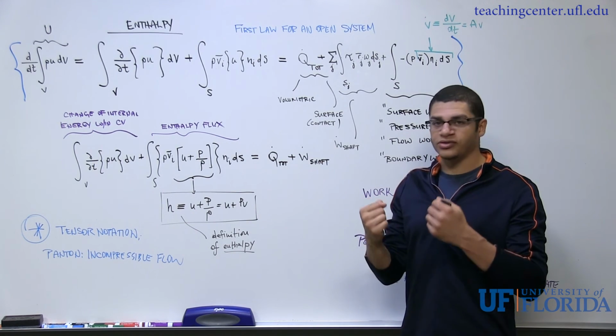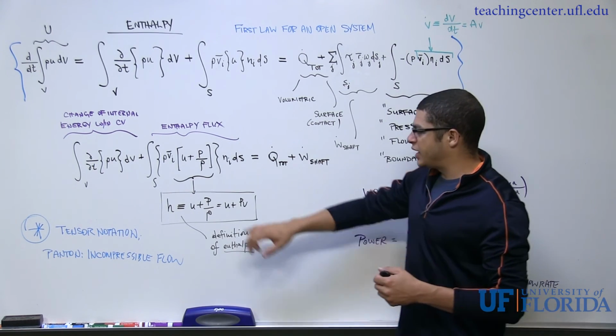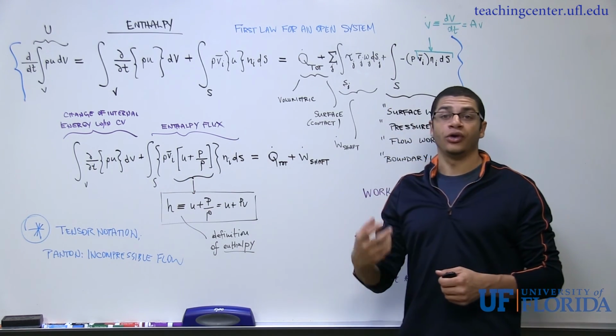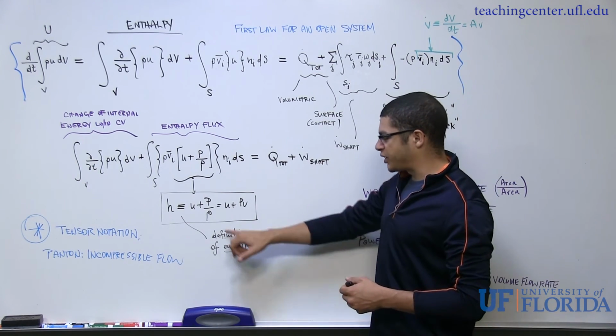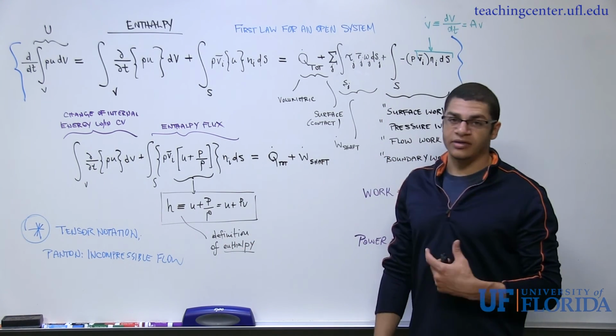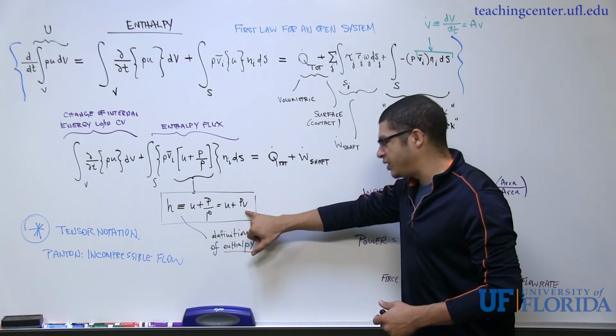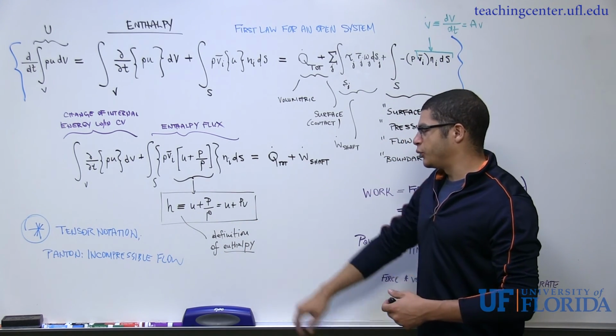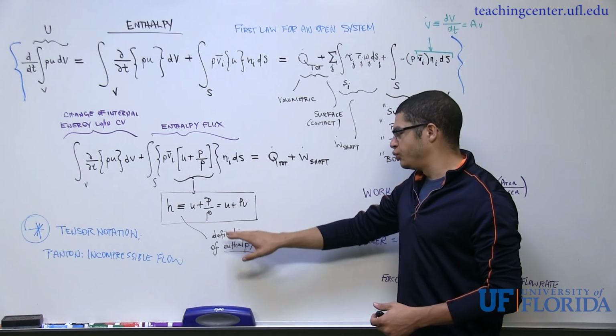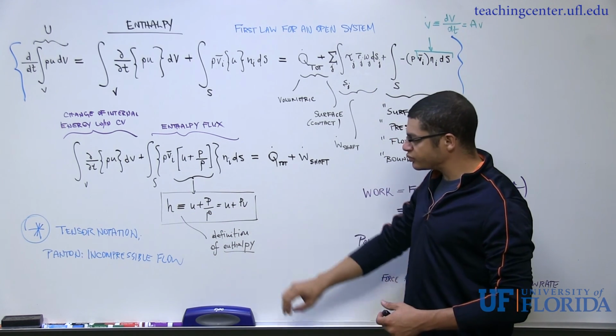And again, just the sum of the internal energy and this term right here, the ratio of the pressure and the density. Now, because the density is inversely related to the specific volume, 1 over rho is equal to v, little v, the specific volume, we can also write h as u plus pv.